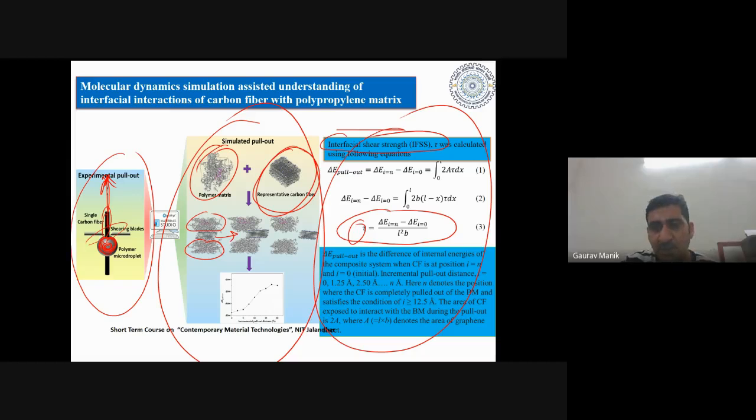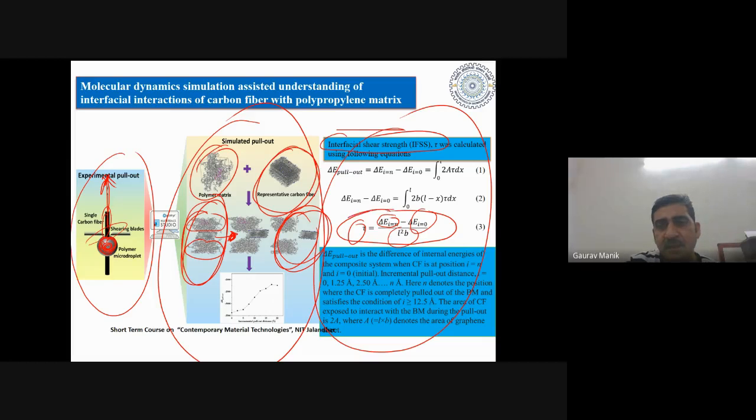It is nothing but the total internal energy difference between the whole system when it has completely come out from the matrix, at this position, minus when it is at the starting position. So you find out the delta E at this position, and the delta E at the initial position, divided by L and B. L and B are nothing but the length and breadth of this system.